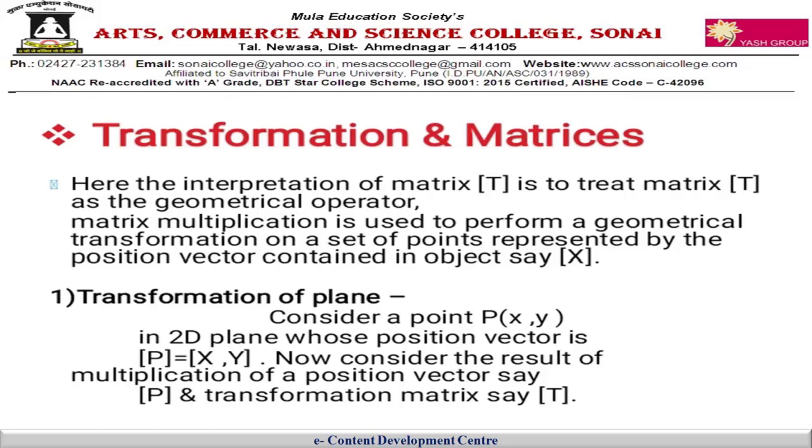Consider a point P(x, y) in a 2D plane whose position vector is P = [x y]. Now consider the result of multiplication of the position vector P and the transformation matrix T, where T is the transformation matrix and P is the position vector of a point.